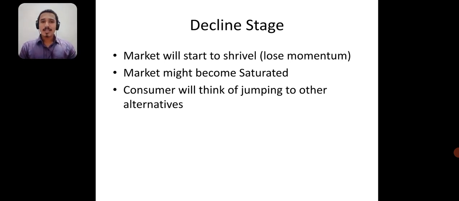Obviously in business, if we do not start improvising at the maturity stage, there will be a decline stage where everything will come down, profits as well as sales. When sales come down, obviously the profits come down. So in the decline stage, the graph comes down.